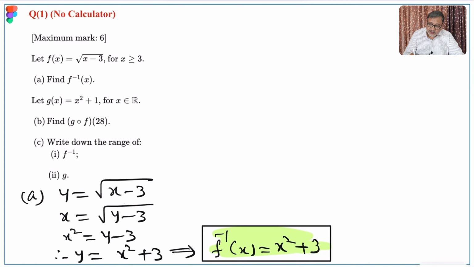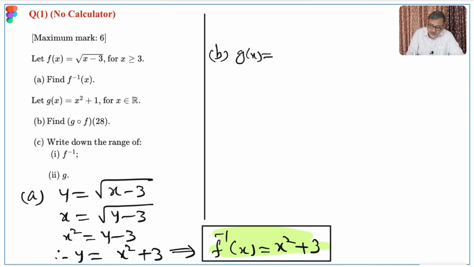Now B part says, let g of x be x square plus 1. Find g dot f of 28. Let me do it here, in front of the question itself. B part. G of x is given as x square plus 1. Now g dot f of 28 we have to find. I will find f of 28 separately by putting it in this one.